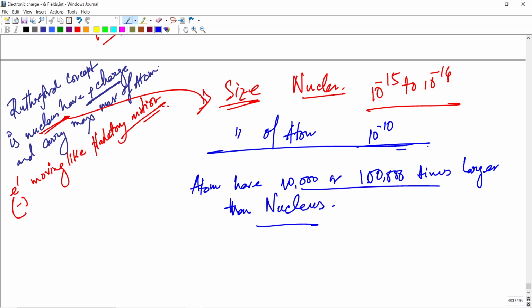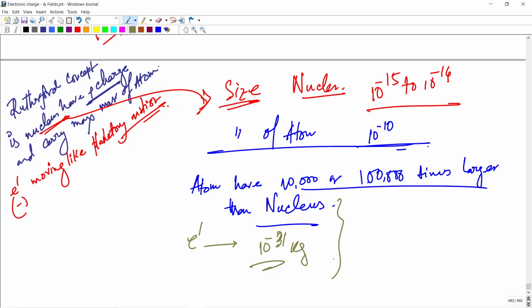These are rough ideas. The mass of an electron is 10 to the minus 31 kg, which is almost negligible, very small. So the maximum space of the atom is empty.